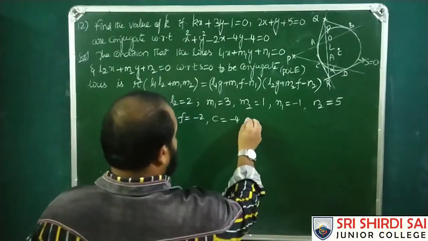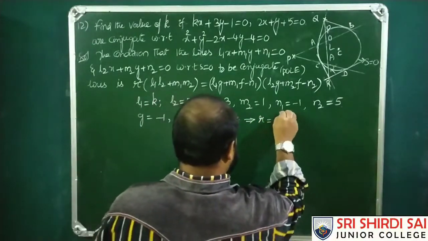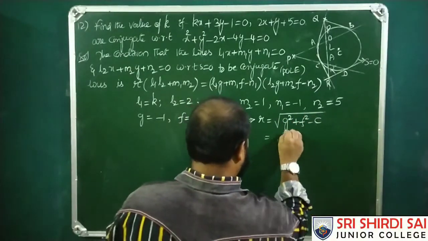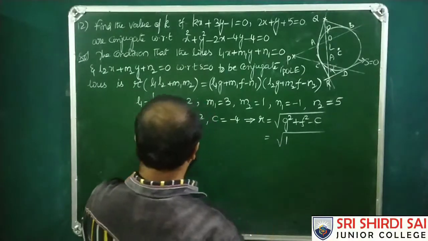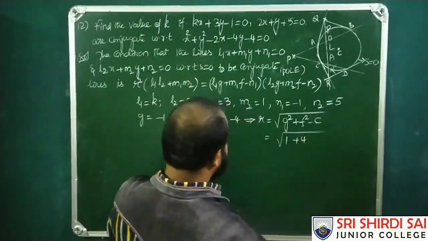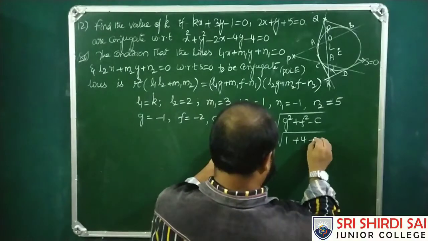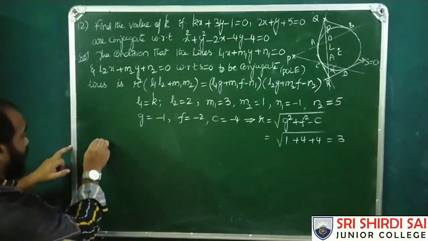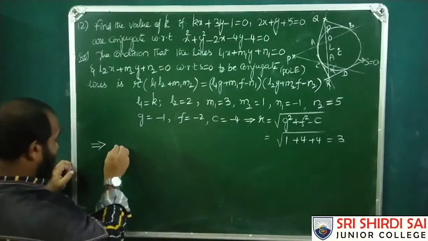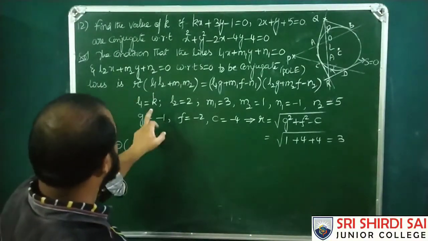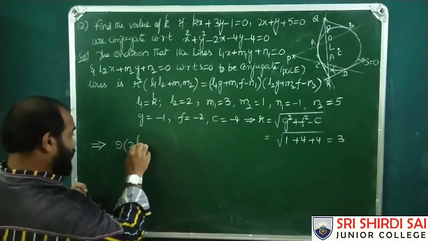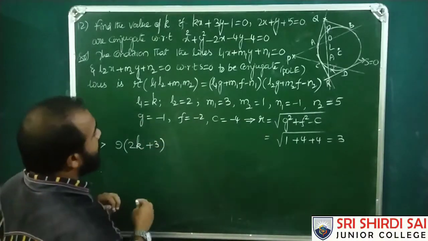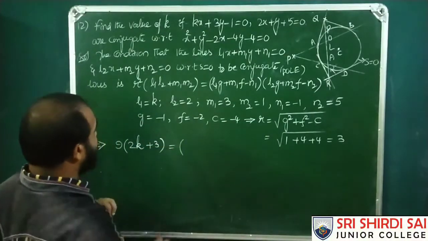So from this radius r equals to square root of g square plus f square minus c: g square 1, f square 4, c is minus 4, so minus of minus plus 4. So root 9 which is 3. So now substitute r square, 3 square, 9, into L1 L2. So 2k plus M1 M2, 3 ones are 3, is equals to L1G.